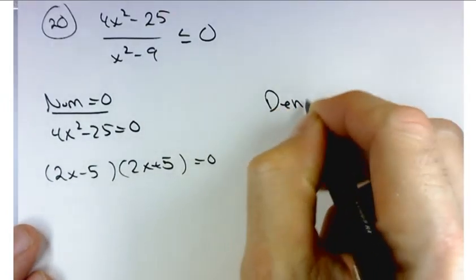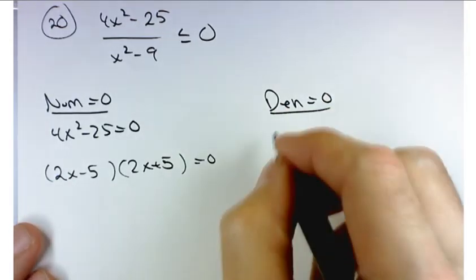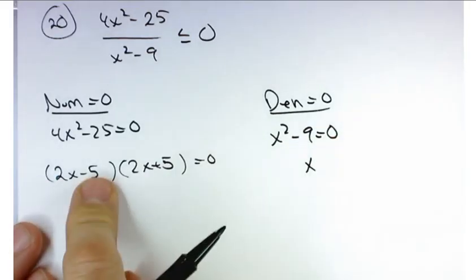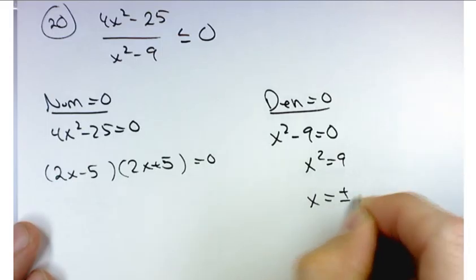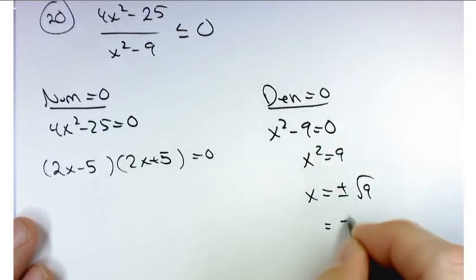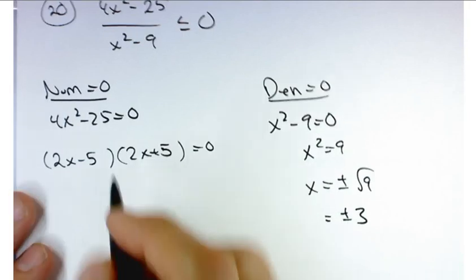What about where the denominator equals 0? Well, x squared minus 9 equals 0. Instead of factoring it, let me remind you that you can use the square root property. Plus or minus the square root of 9 gives you plus or minus 3. We didn't finish over here, though. Where does this actually equal 0?